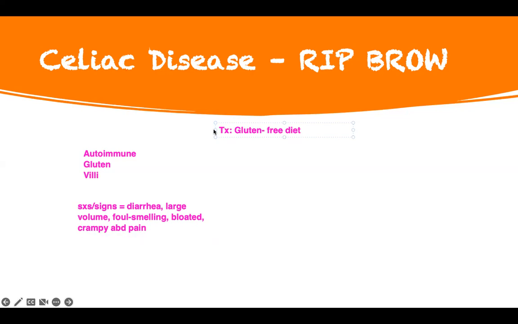Patients will tell you they've done everything and they're coming back. Well, there's a problem. They still have not eliminated gluten in their diet. So if anybody comes in with celiac disease and says, I've done everything, I'm still having this problem, ask them, what did you eat last night? Then you can figure out whether that thing has gluten in it. So gluten-free diet. Then you go with your management.